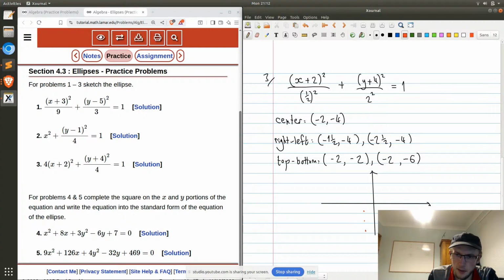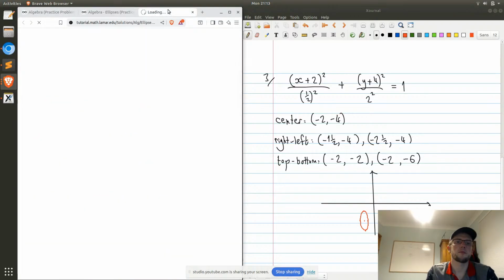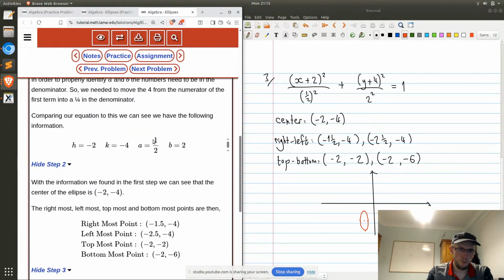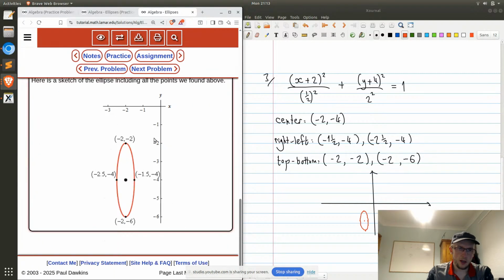And there, and there, and very skinny now. Yes. Better. I got you. That is correct.